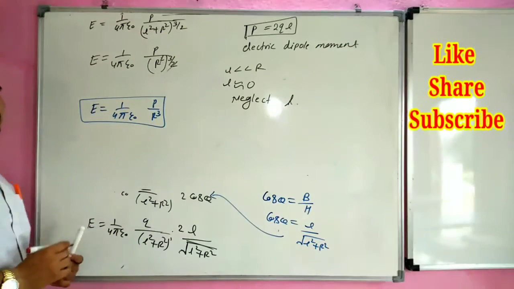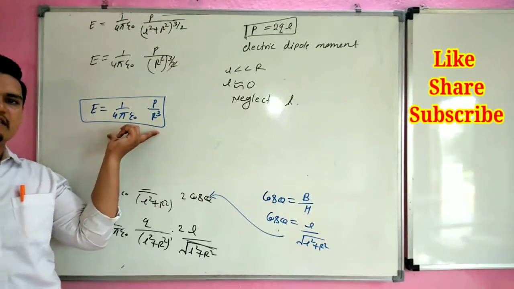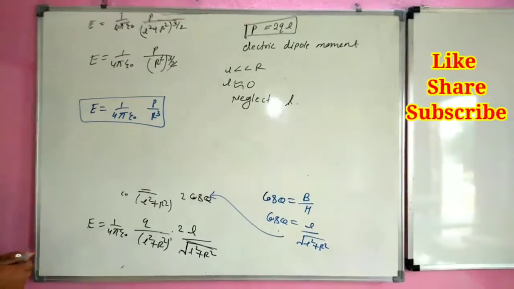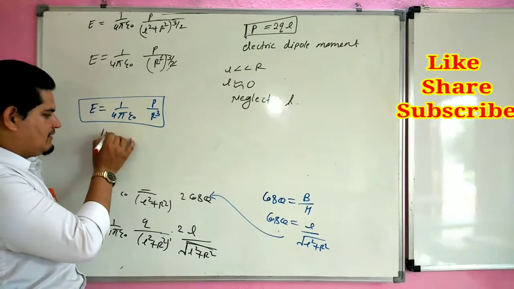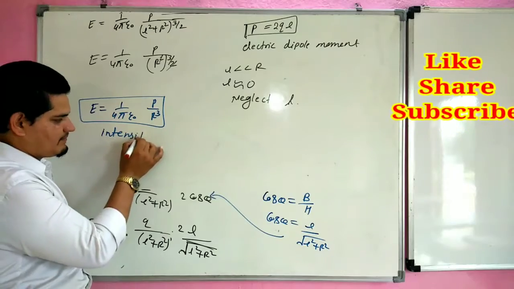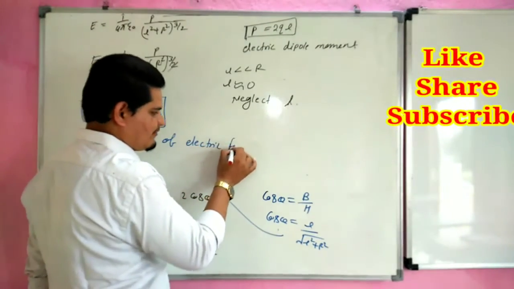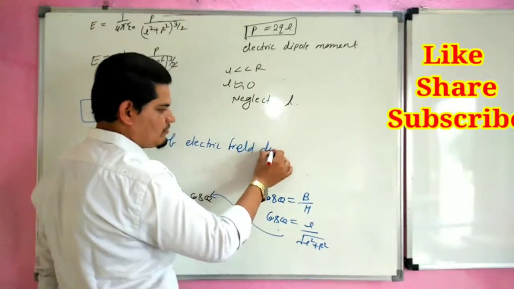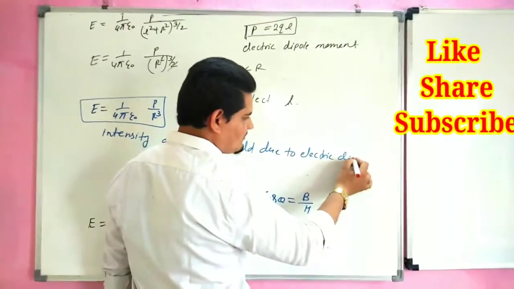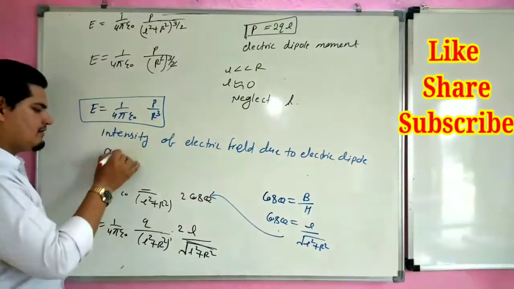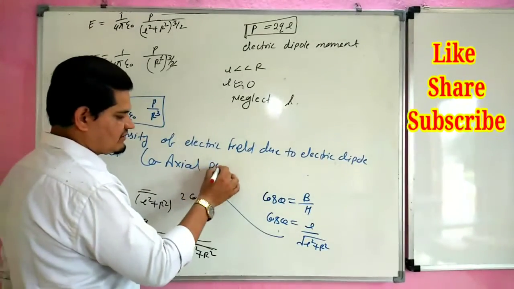This is the equation for the electric dipole at the coaxial position. Here we can call this the equation of intensity of electric field due to electric dipole at coaxial position.